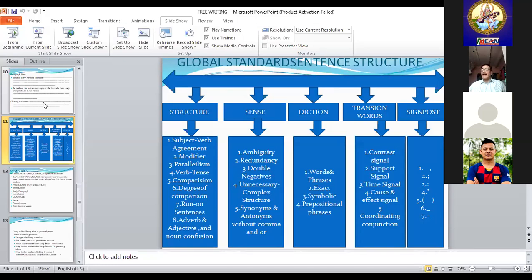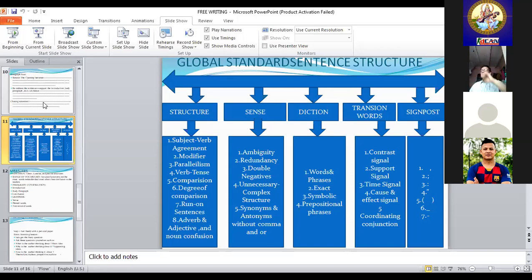And so far as the next one, diction. Diction means the words taken from the dictionary. From diction, you will have to find out words and phrases. In diction, there are multiple words and multiple synonyms, and there are varieties of synonyms you'll get in the dictionary: exact, symbolic, prepositional phrases.